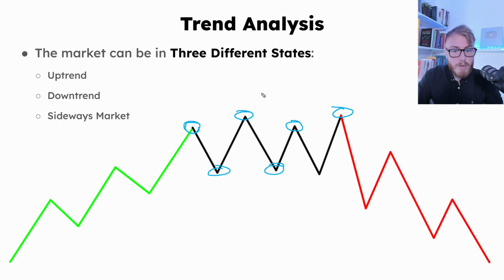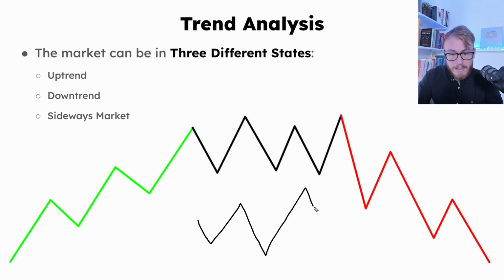But there are multiple types of sideways markets, and we're not going to talk about all of them in this course. But you can, for example, imagine a market where we have a low and a high that goes something like this. You can see in this case, the market is printing both lower lows and higher highs at the same time.